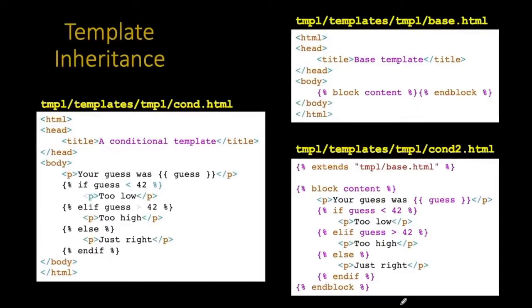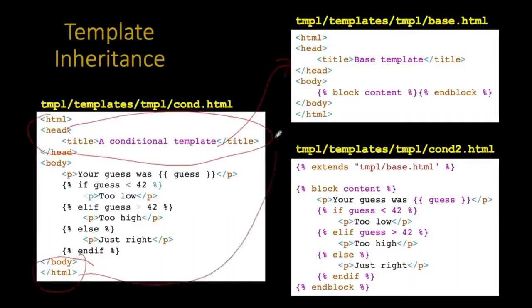So we have one template, this cond.html that we've been playing with. You'll notice it has some HTML and a title and a body tag and some of this stuff. Well, let's say we wanted a bunch of pages that had everything but the body. So what we basically do is we take the repeated parts and we put them into a template.